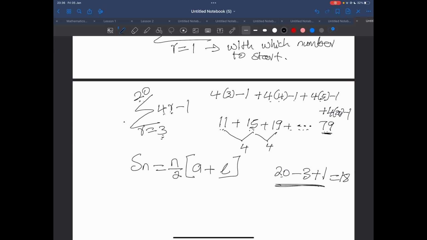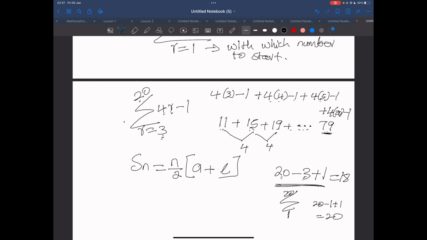If it was 1, for example, if it was 20 and here it's 1, you will still have 20 minus 1 plus 1, so there will be 20. So if it's 1, it's easier. But if it's any other number, then it becomes a little bit of a challenge, so you must be careful of this. Because it's 3, to know how many terms, we'll just take the 20, subtract the 3, and add a 1.